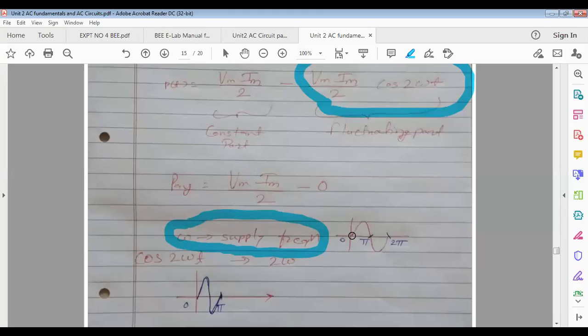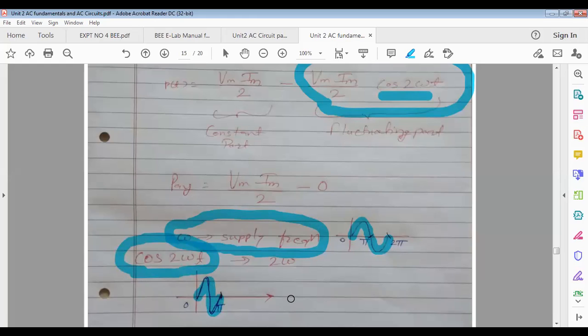For this supply, that waveform from 0 to 2 pi, how many cycles does it complete? One cycle, right? Now this waveform, cos 2 omega t, if for omega 0 to 2 pi it completes one cycle, then for cos of 2 omega t, twice the supply frequency, from 0 to pi it will complete one cycle, right?